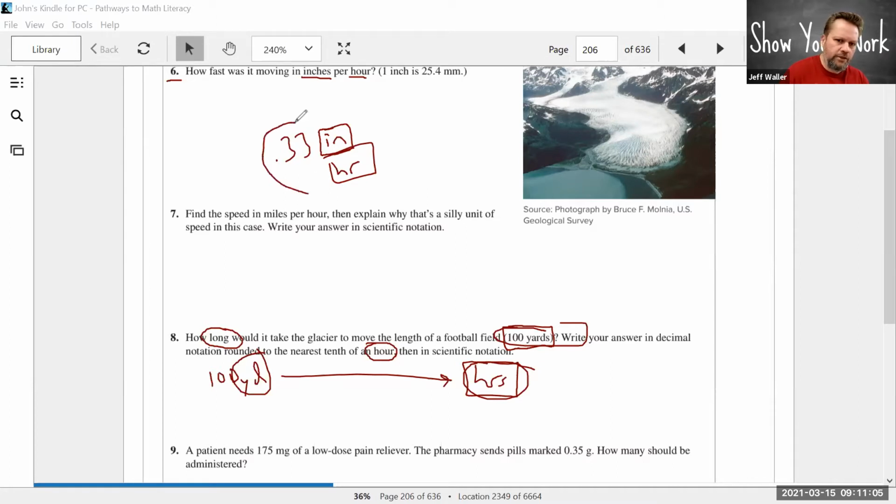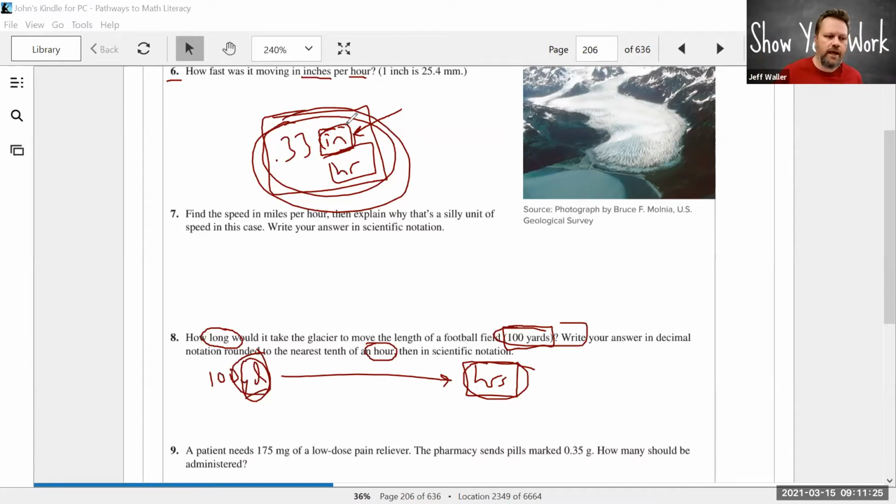I can't use this conversion unless my distance is in what units? I can't use this conversion unless it's in inches because that's what the conversion has. It has inches per hour.